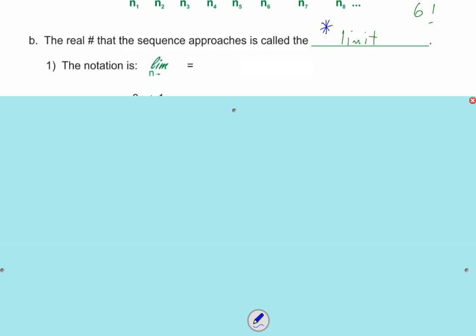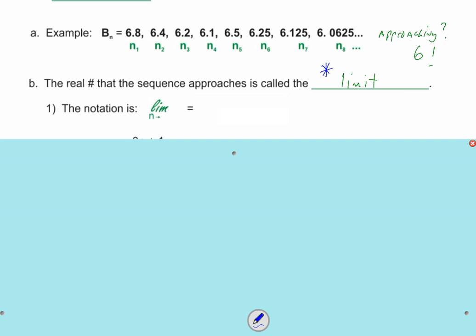And that practical application involves taking things to the limit. So when is this the closest to 6, or when does it hit 6? It hits 6 eventually, which is, how do we say eventually?